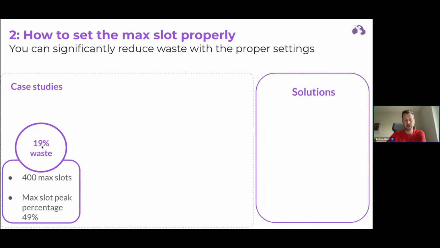And here the waste is around 19%, which is actually good, because you are not able to eliminate every waste because of the 50 slot increments and the 60-second minimum billing. So some waste is there in the play of the autoscaler.